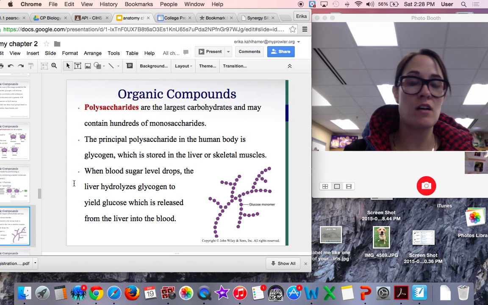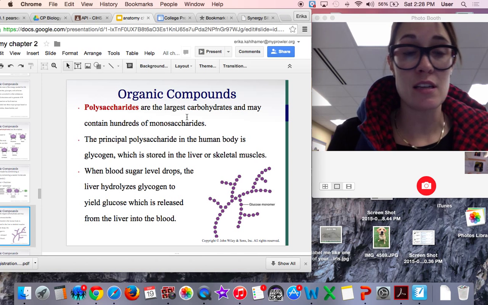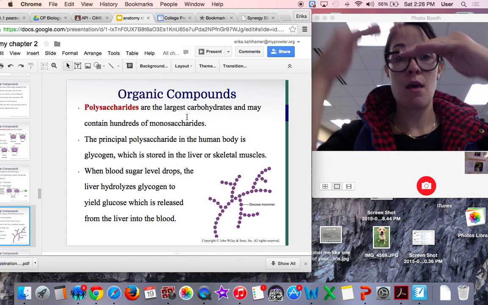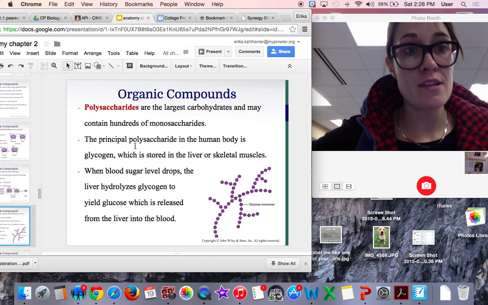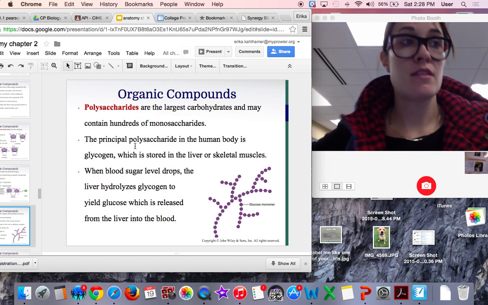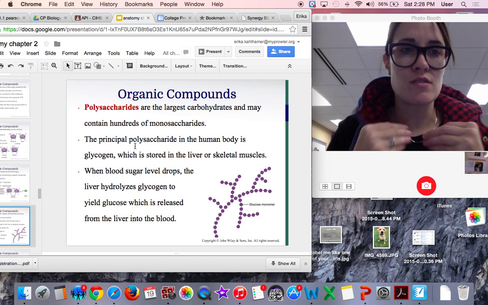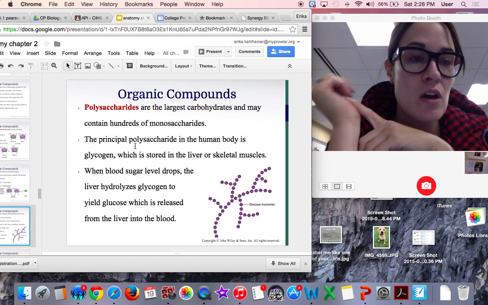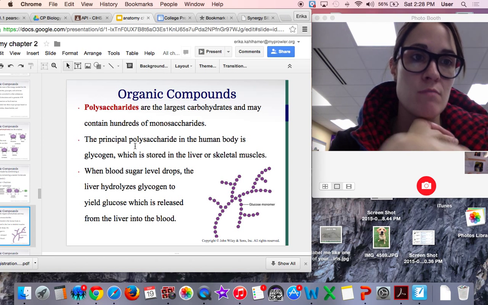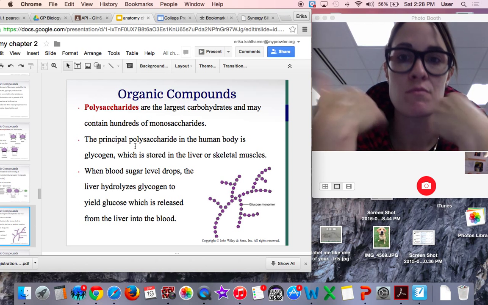Polysaccharides then are the largest carbohydrates and contain up to hundreds of those monosaccharides put together. A principal one in our body is called glycogen. That is like the present of glucose that's stored in our body for later, and it's stored in the liver or our skeletal muscles. Those are the muscles right next to the bones that help us move.